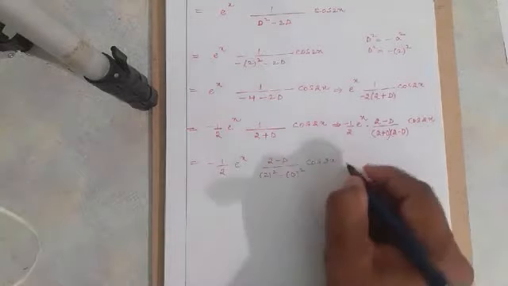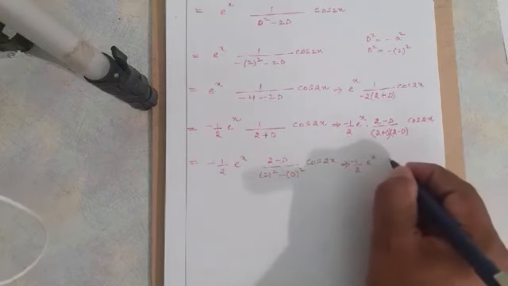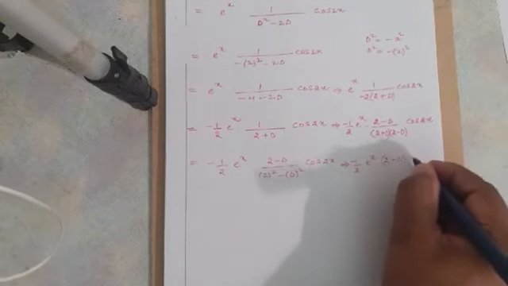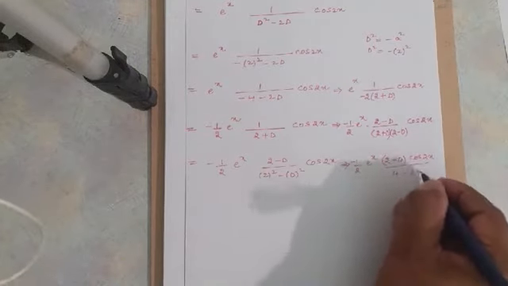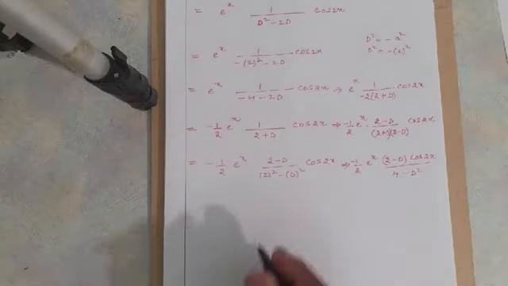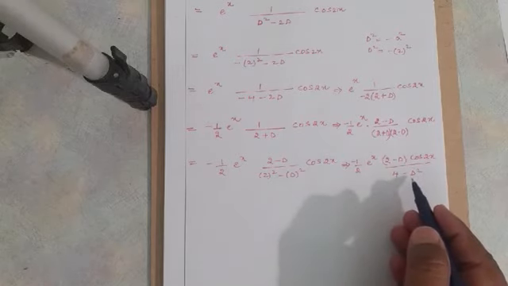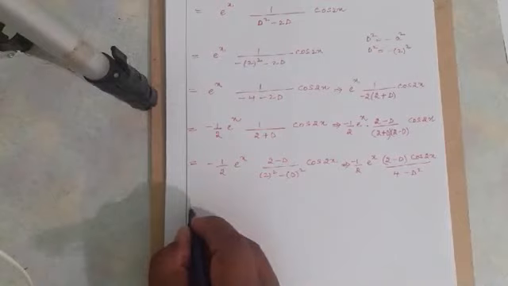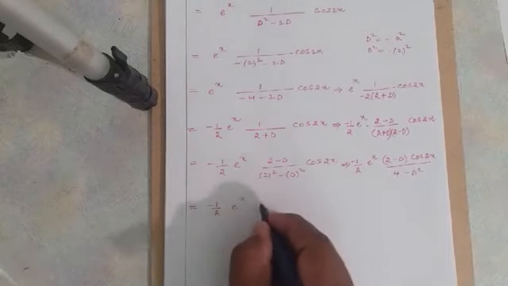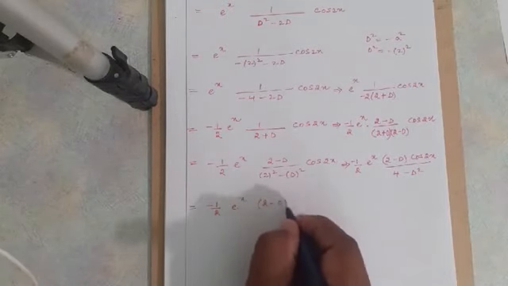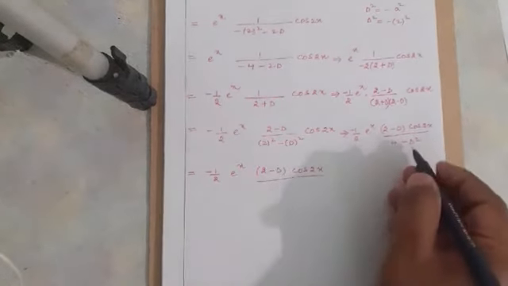Now in the next step you can write minus 1 upon 2 e power x into 2 minus d into cos 2x upon 4 minus d square. Then after this, again d square is equal to minus a square, so we write minus 1 by 2 e power x, 2 minus d into cos 2x upon, now again this is in the form of case 2.